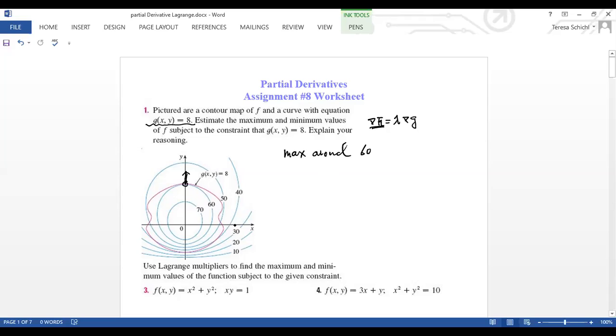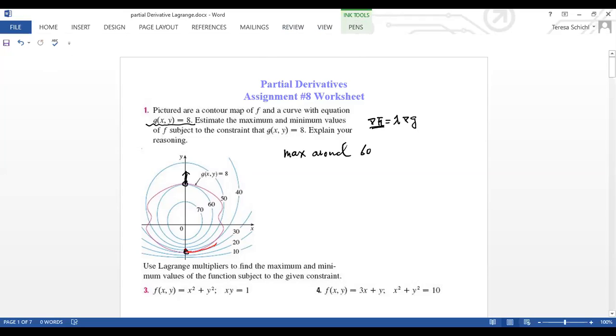Now let's take a look at another one. When they go out, the values get smaller. So I think the next level curve touches at here, very close, so this is the level curve line.